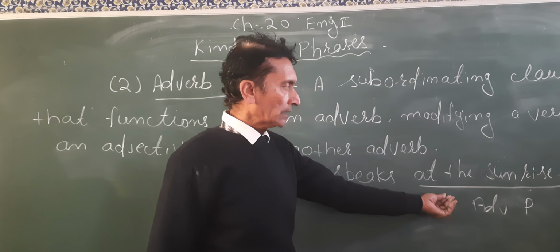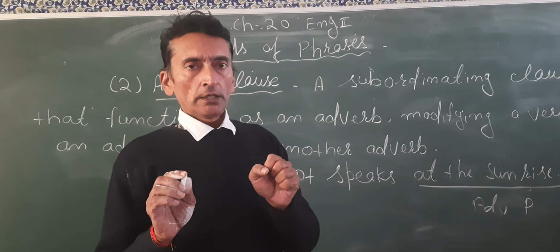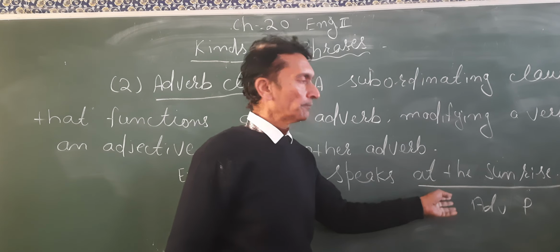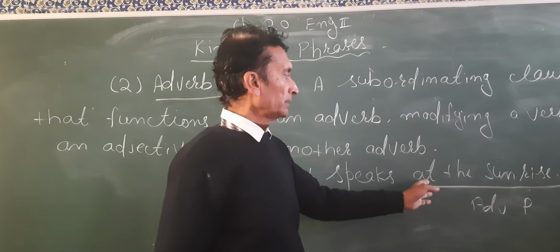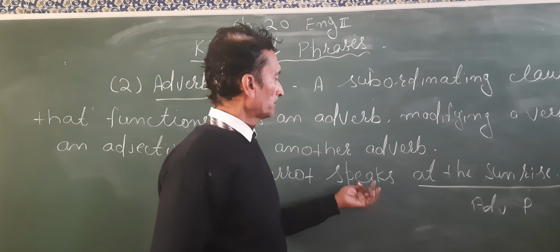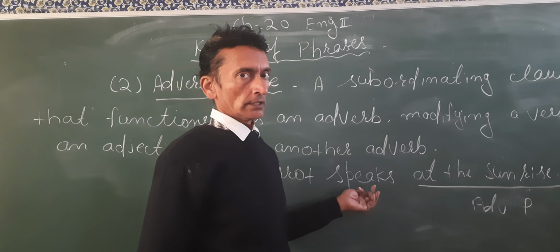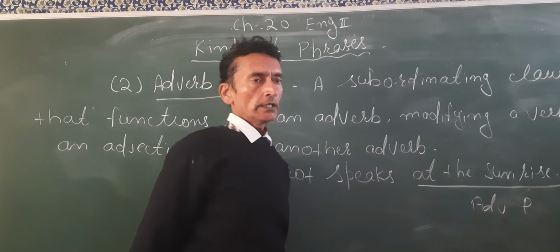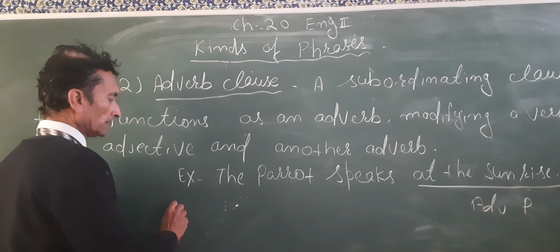It is only a group of words working as an adverb phrase, modifying the meaning of the verb speaks. That is why this is an adverb phrase. Now, second example.